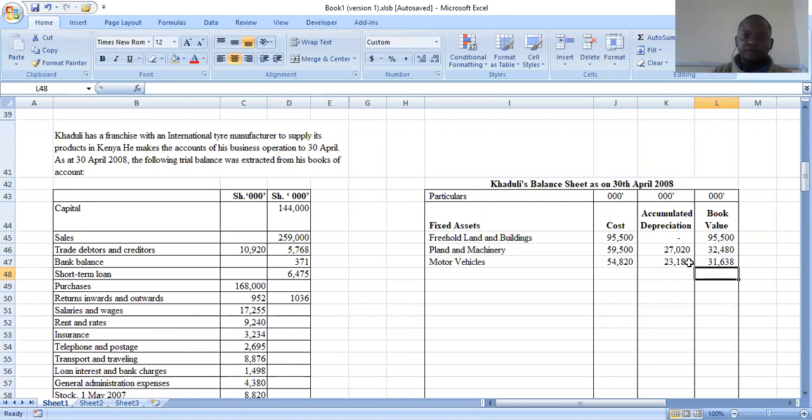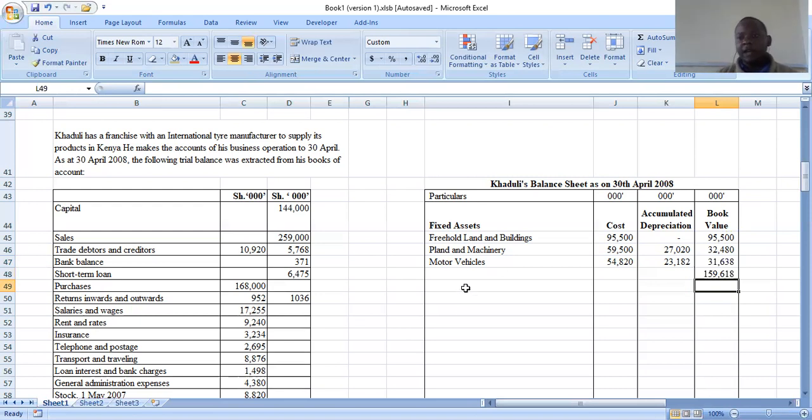And then the total of fixed assets is 95,500 plus 32,480 plus 31,638, which gives us 159,613. The total of fixed assets.